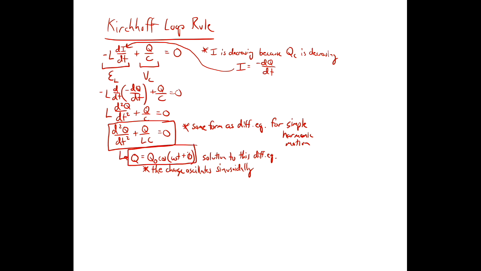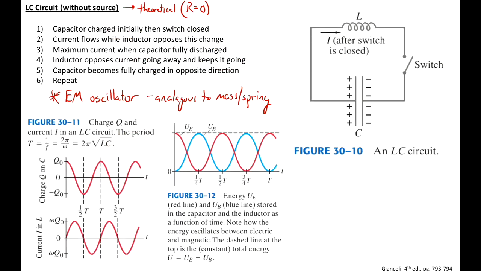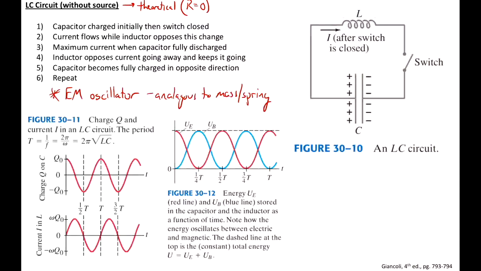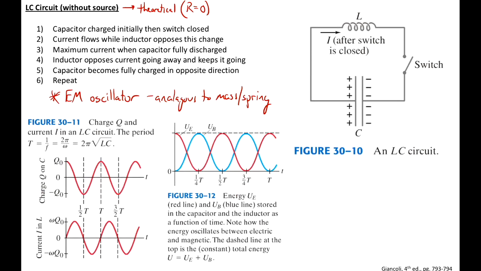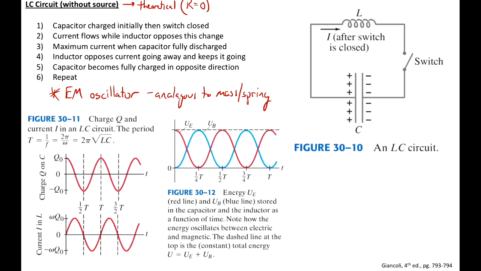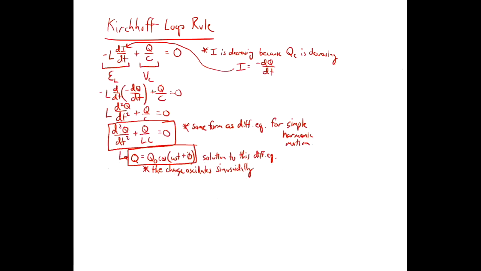So Q is Q naught cosine omega t, essentially. Notice the graph of the charge. Well, that's a cosine function. It seems to agree exactly with the solution that we got. So now we know how the charge is varying with respect to time. It agrees both with what we would expect because of the behavior of the circuit, and also mathematically based on the solution to the differential equation that applies to this particular case.